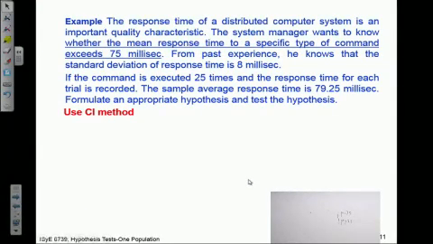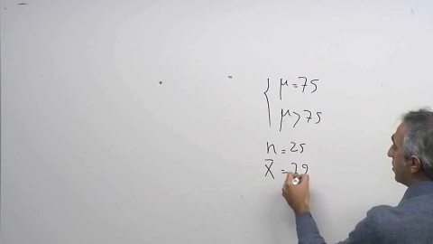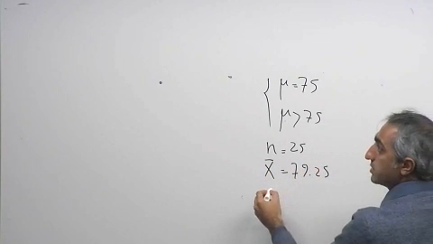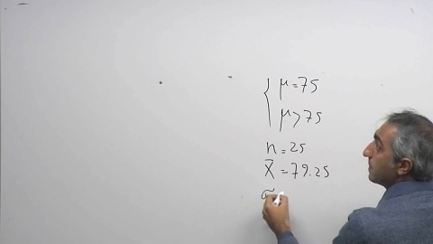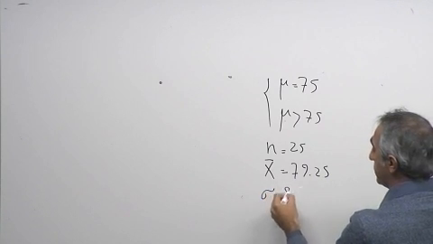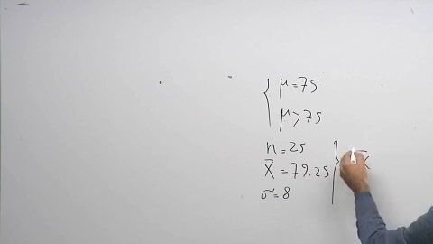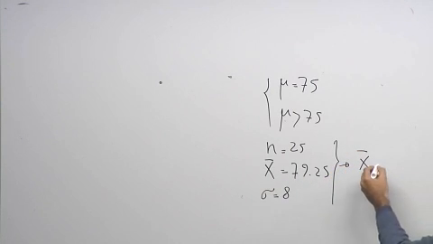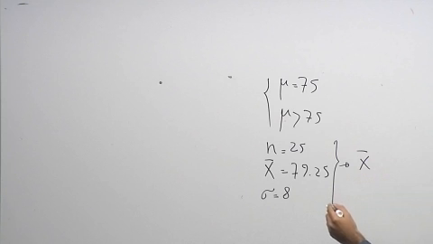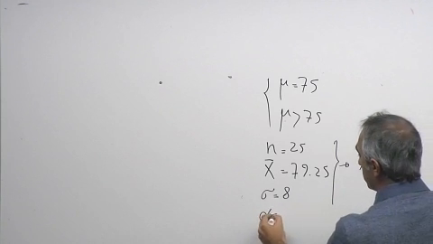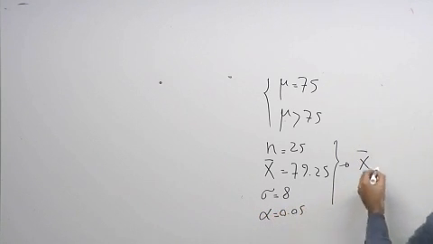We know that n is equal to 25, X bar is 79.25, and sigma is basically 8. So I need to find this confidence interval. And by the way, alpha is 0.05.